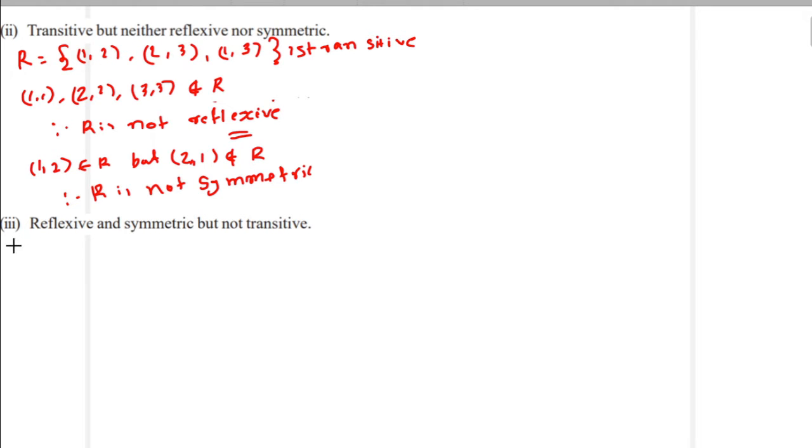So from A we can write one R that is reflexive. Reflexive means (1, 1), (2, 2), (3, 3), then (1, 2), (2, 1) for symmetric, (3, 2), then (2, 3).